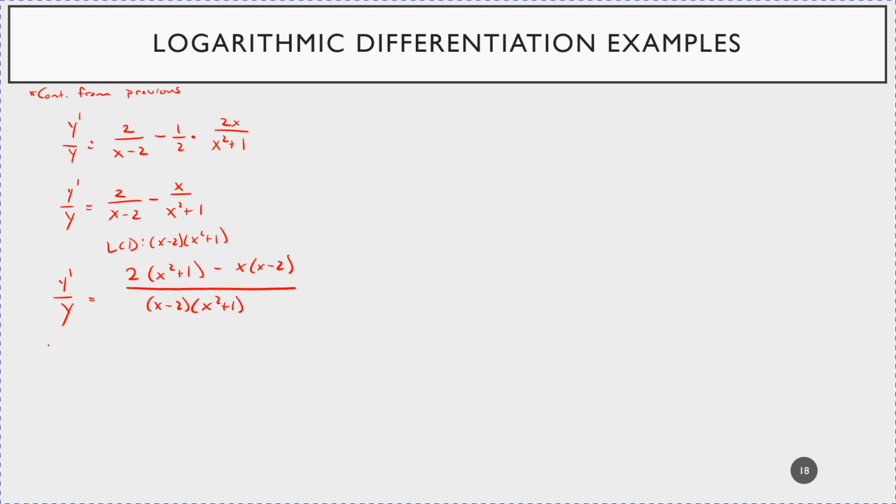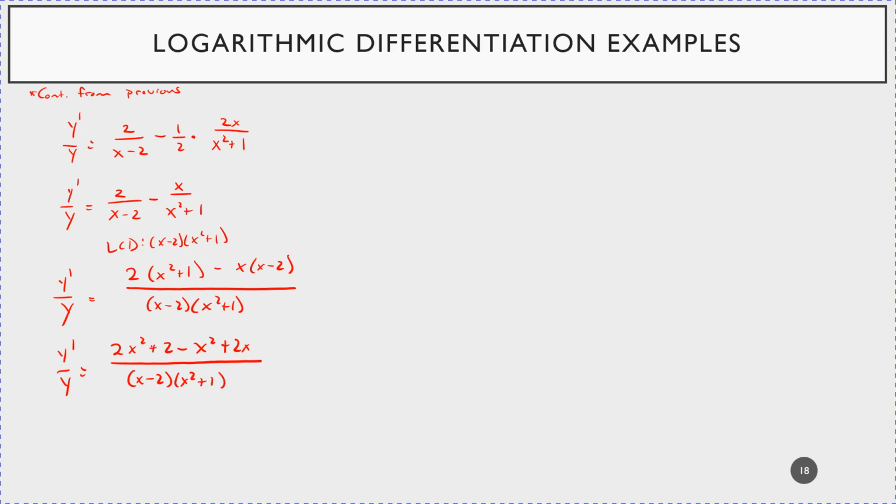Distribute and let's clean this up. I have 2x squared plus 2, and then minus x squared plus 2x. I almost made a mistake there, minus becomes plus 2x.